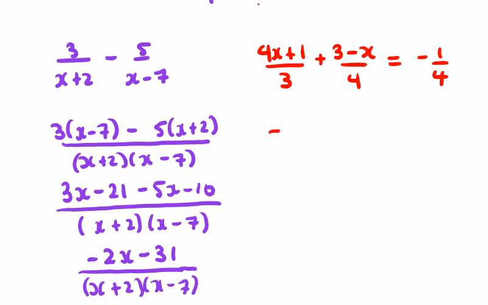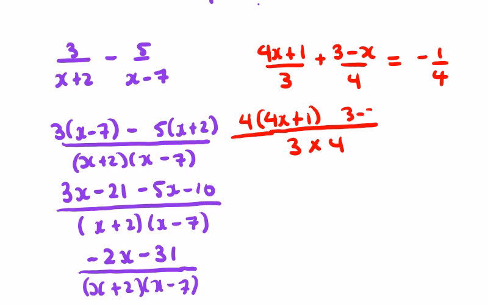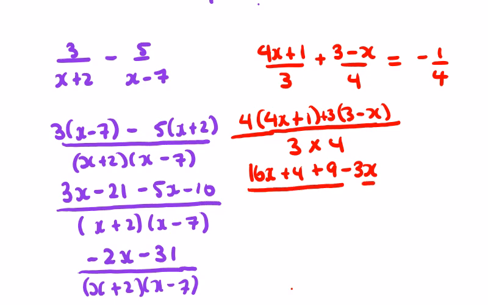So we'll ignore the minus a quarter and we'll simplify this like we simplified all the others. 3 times 4, multiply 4x plus 1 by what it's not over, and multiply 3 minus x by what it's not over, and keep the sign in the middle, so plus 3. So we're going to get 16x plus 4 plus 9 minus 3x. And that's all over 12.